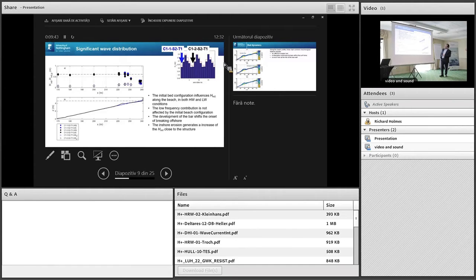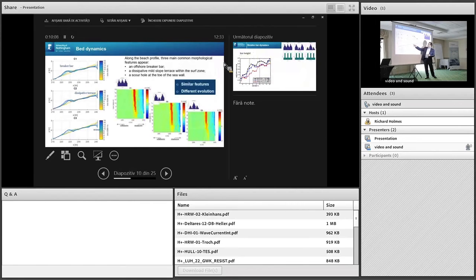So, again, an example, this time from the laser ADB, looking at the significant wave height distribution and what happened to the beach just to start. A bar was formed very quickly. We start from a 1 to 15 planar slope, so it means that we are far from the equilibrium of the beach.